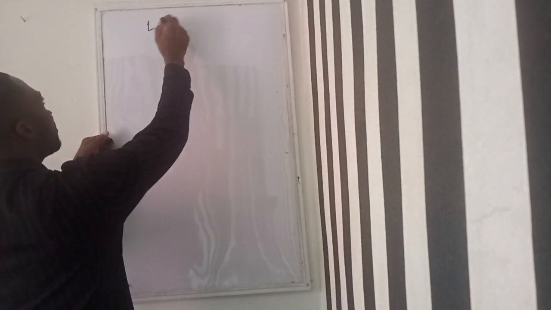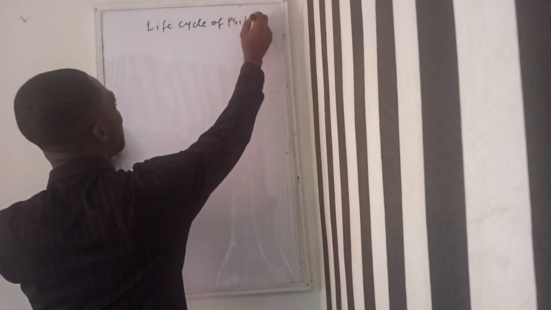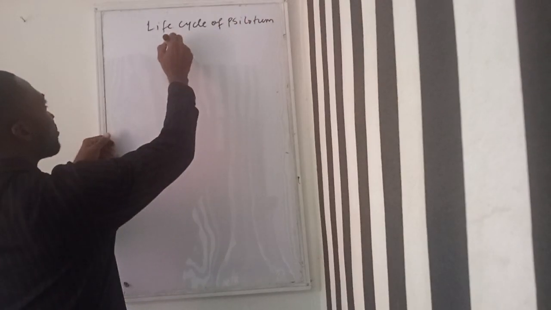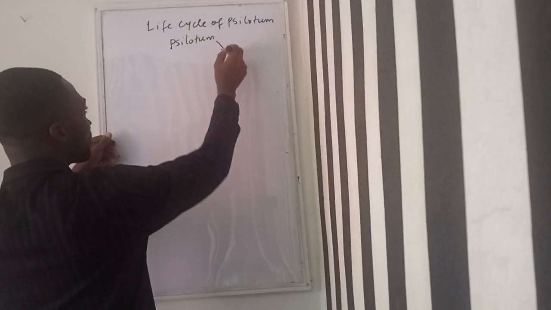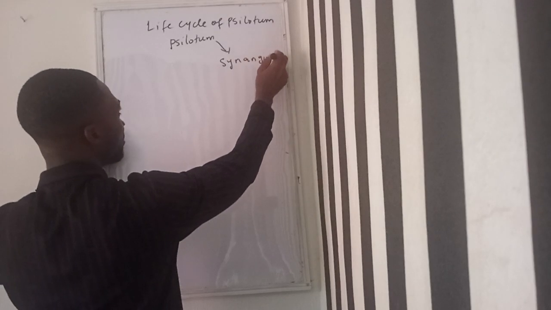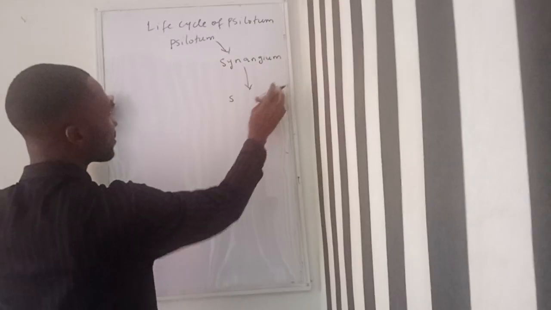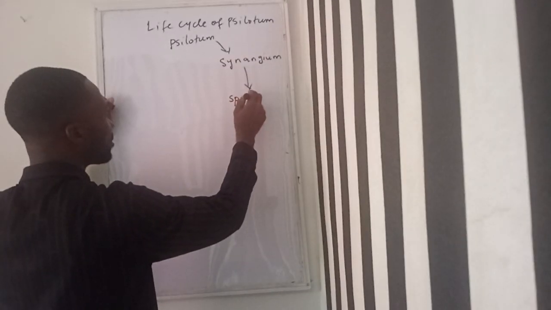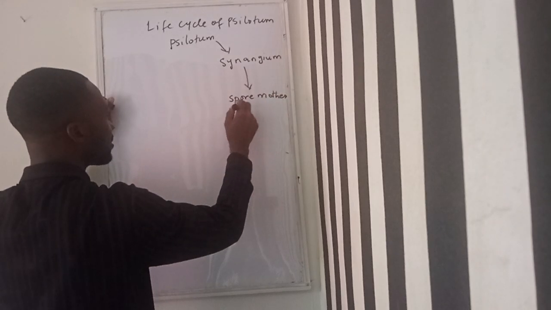So the life cycle of Psilotum. This is the Psilotum plant. Then it has synangium. Then it has the spore mother cell.